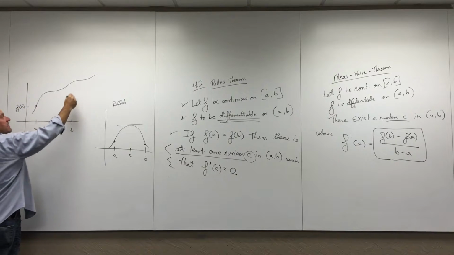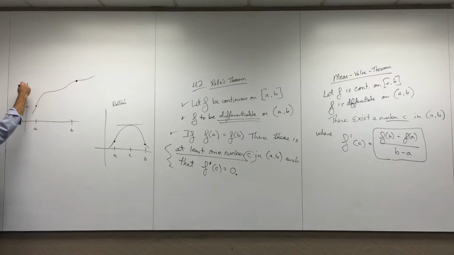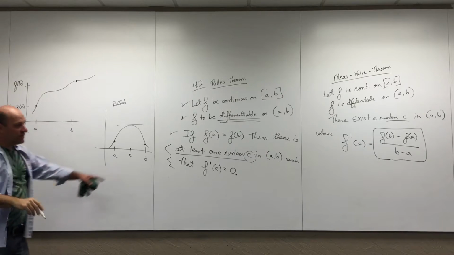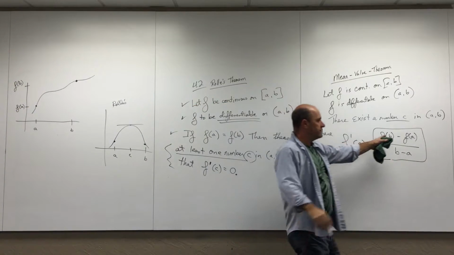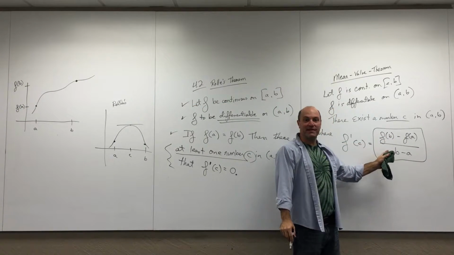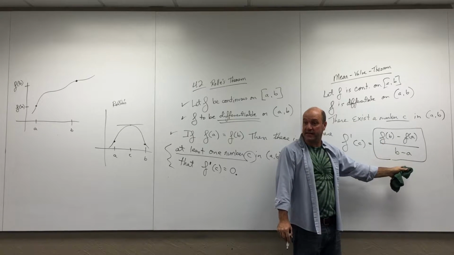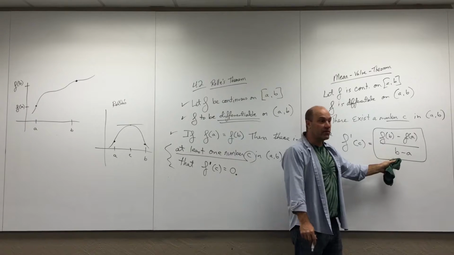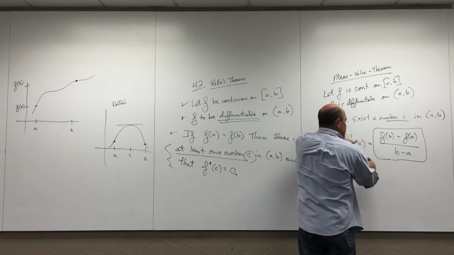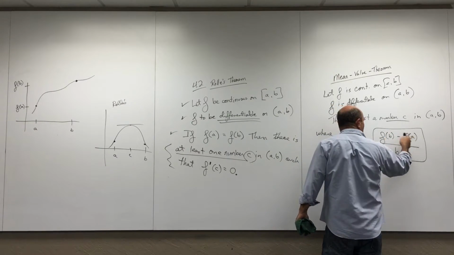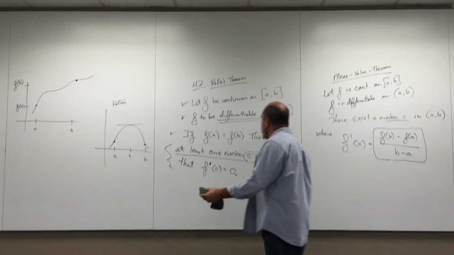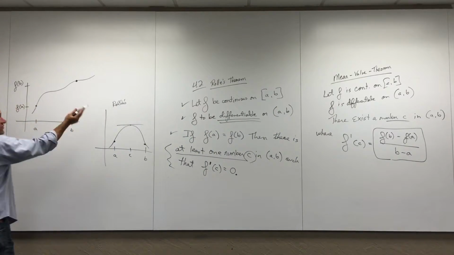If this is B, then here's f of B, also a y value. Isn't this just a slope? This is a y value minus a y value over an x minus an x. Ignore the derivative for just a second. This is just the slope between those two points.